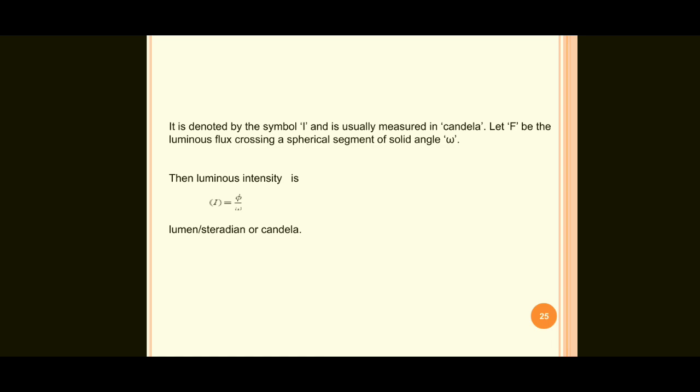So I is equal to phi by omega, where phi is the flux and omega is the solid angle. The flux units are lumens and the units of intensity are candela, or lumens per steradian.